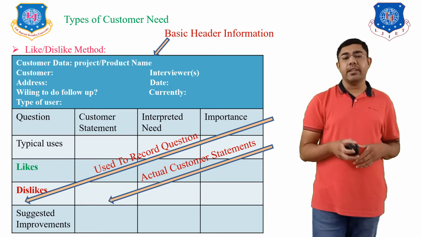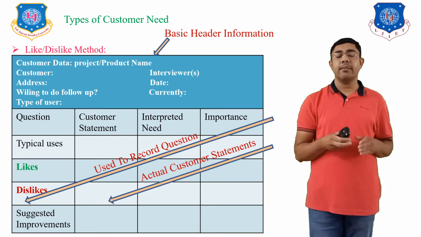The third column is the interpreted need.